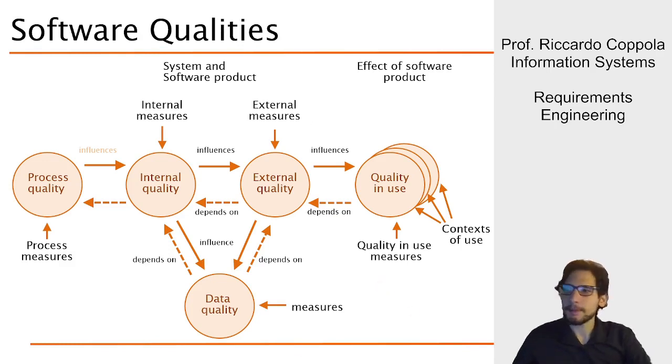In general, we can see another chart here, because the non-functional requirements talk about aspects that can be called altogether software qualities. And again, here, with these four bubbles, we can see what all the qualities of the software are.